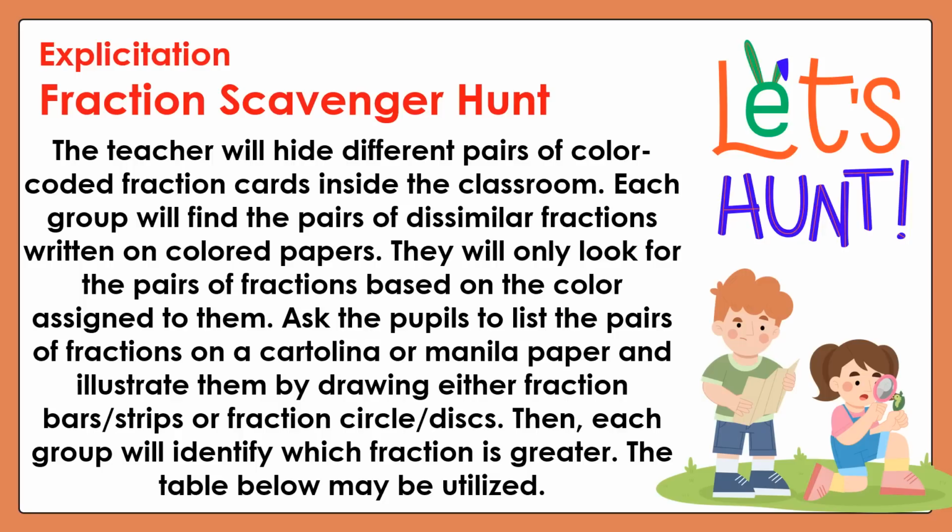Ask the pupils to list the pairs of fractions on a cartolina or manila paper and illustrate them by drawing either fraction bars or strips, or fraction circle or disc. Then, each group will identify which fraction is greater. The table below may be utilized.